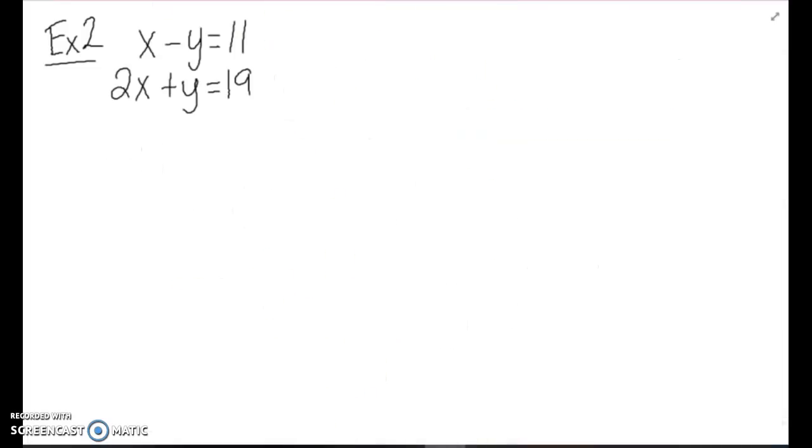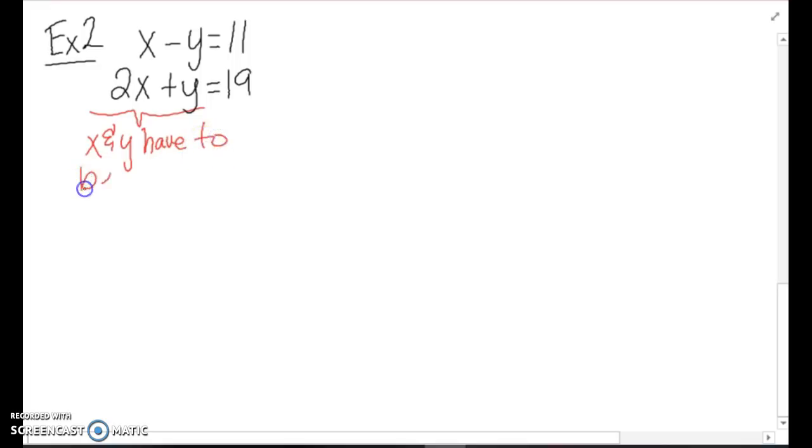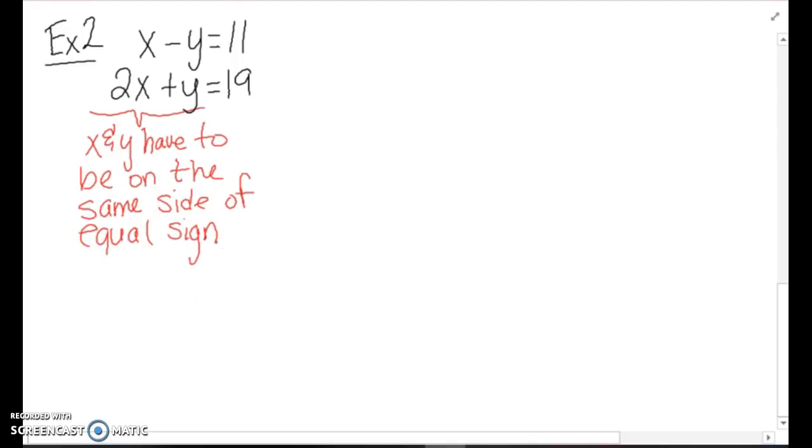All right, let's look at this example right here, example number 2. We got 2x minus y equals 11 and 2x plus y equals 19. We are going to use elimination. Do notice that x and y have to be on the same side of the equal sign. So the only way this method works is if there is x and y on the same side.